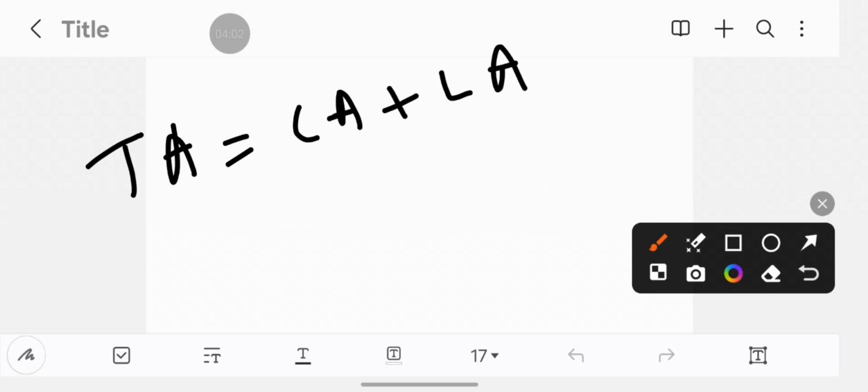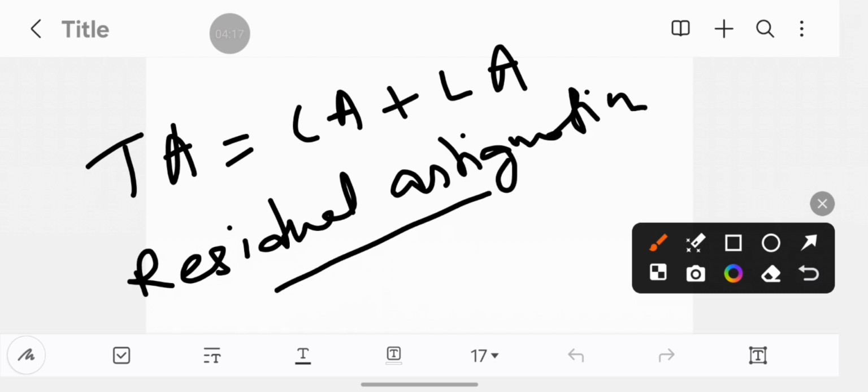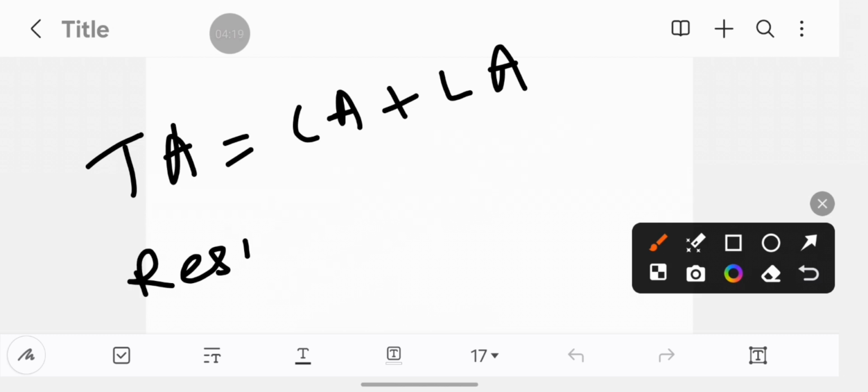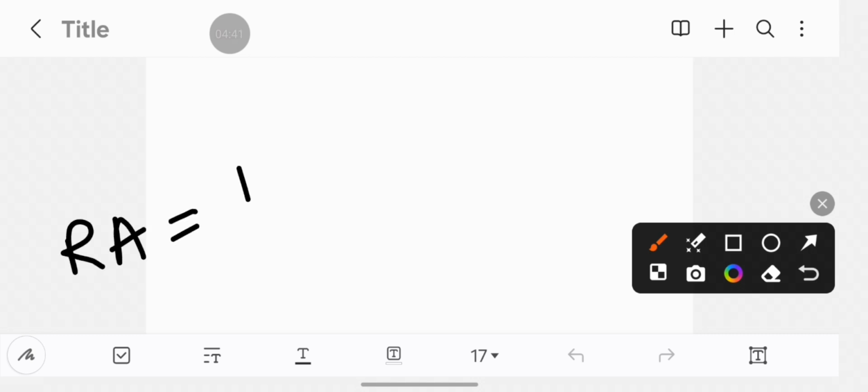There is another term related to astigmatism, that is residual astigmatism. What is residual astigmatism? When you fit a spherical RGP contact lens to the cornea, the remaining astigmatism you get after fitting is the residual astigmatism. So residual astigmatism is equal to total astigmatism minus corneal astigmatism.